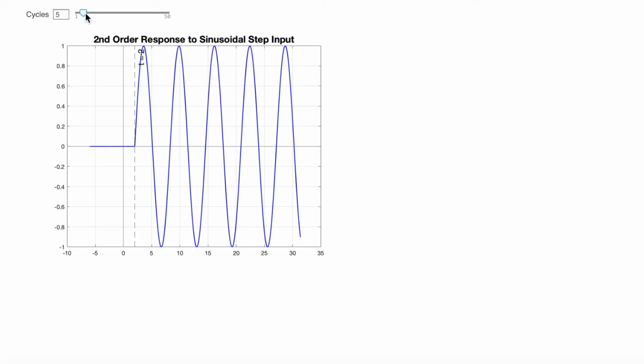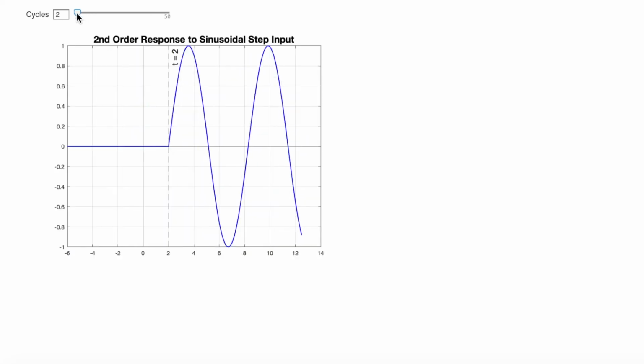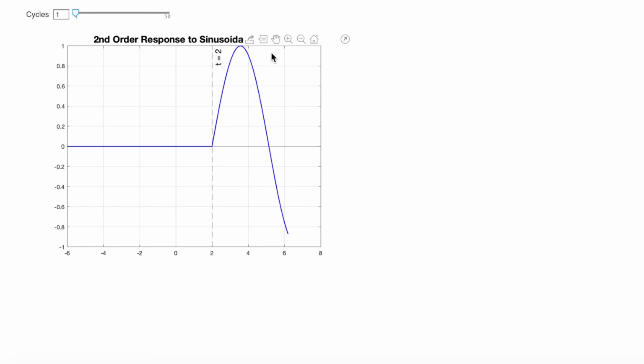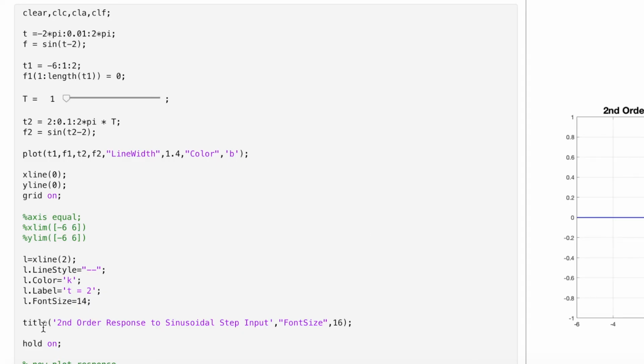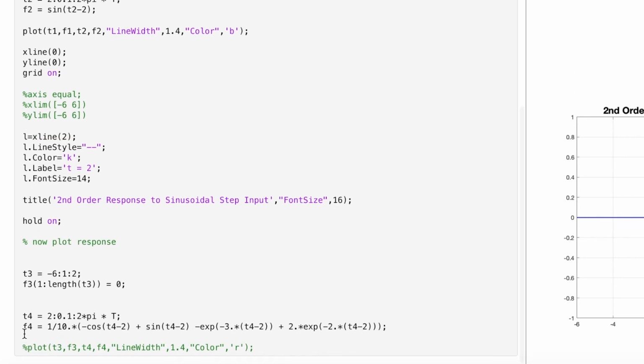Now let's go back to 2 cycles, and let's go to 1 cycle. And what we're going to do is turn on the response.